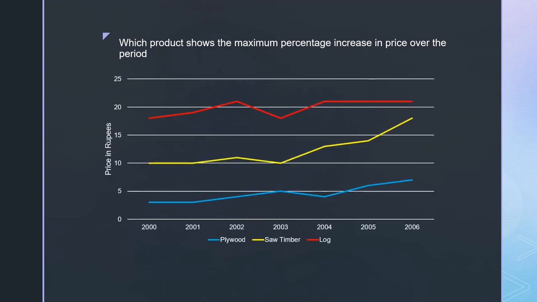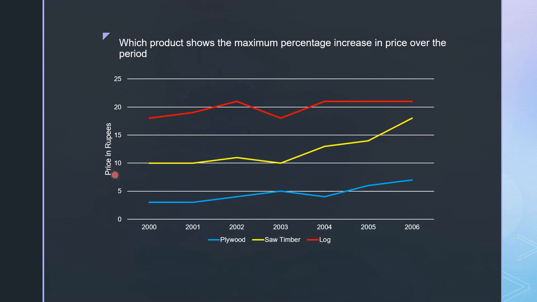June 2010 data interpretation question based on the line graph or line chart. So here is the line chart. We already know how we have to solve a line graph. First of all, on the x-axis the years have been allotted: 2000, 2001, 2002, 2003, 2004, 2005 and 2006.